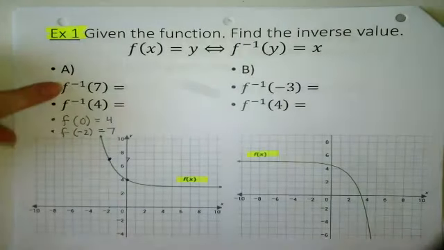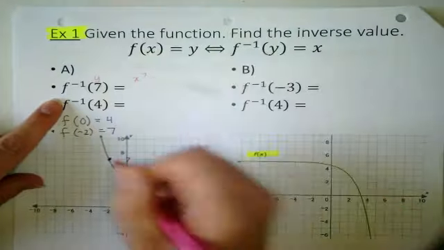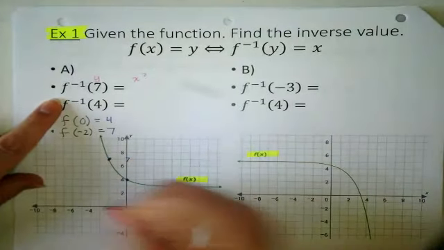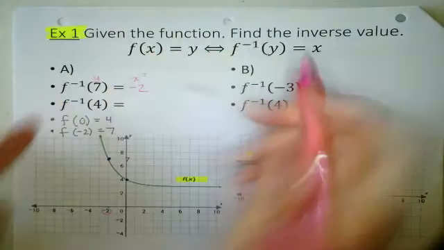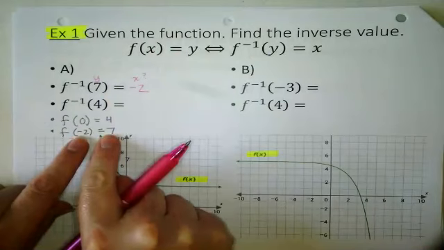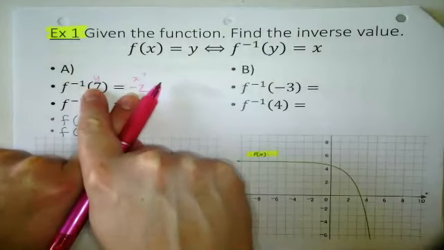Well, if we're referencing the original function, that's actually a y value. So referencing this graph they gave us, if the y is 7, they want to know what the x value is. Well, we already found that. That's -2. So you can see how they just swapped positions.